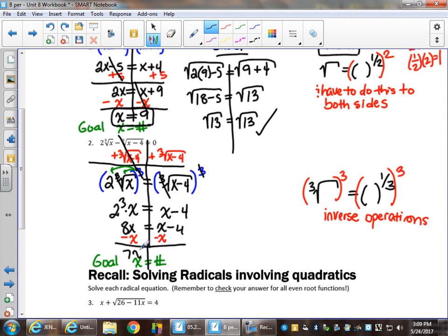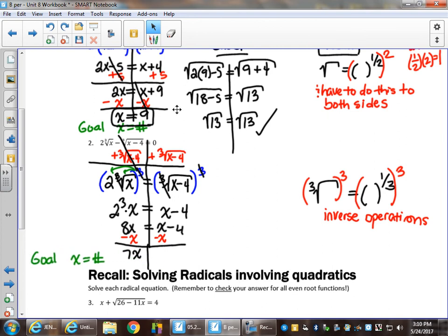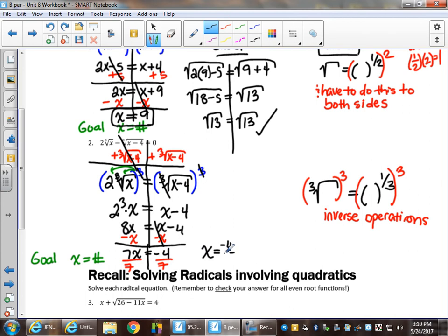So now I have 7x. I'm going to have to move this goal over. 7x equals -4. And last but not least, to finish solving, we will divide both sides by 7. x equals -4/7.